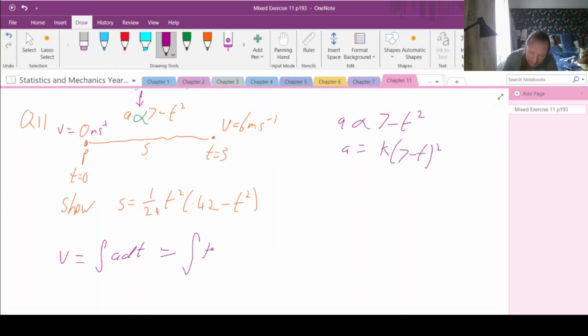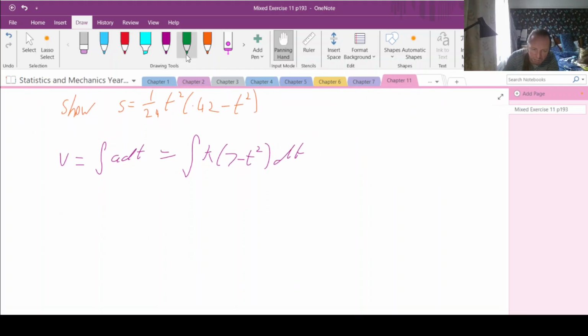So we can put that in, k times 7 minus t squared. I wrote that wrong, didn't I, up there? Okay, we can then start taking that out and hopefully find everything that we need.